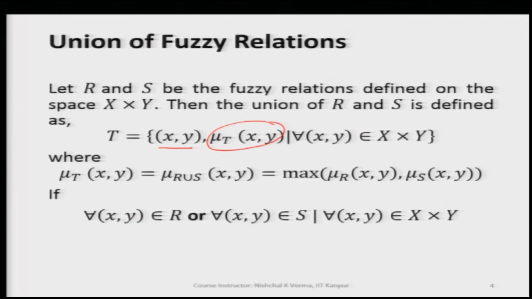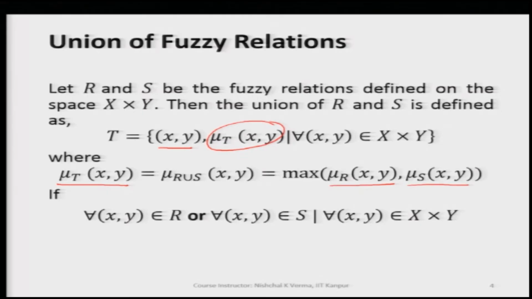As I have already mentioned, R and S are fuzzy relations, but they are fuzzy sets. Now, how do we get mu T of (x, y), the membership value corresponding to the ordered pair? In case of union, we apply the max criterion: mu T of (x, y) is the max of mu R of (x, y) and mu S of (x, y).